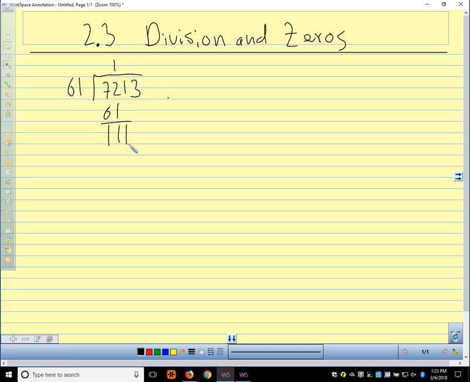Now we ask ourselves, how many times does 61 go into 111? 1, because 2 times 61 is going to be more than 120. So 1, 61, then we subtract.